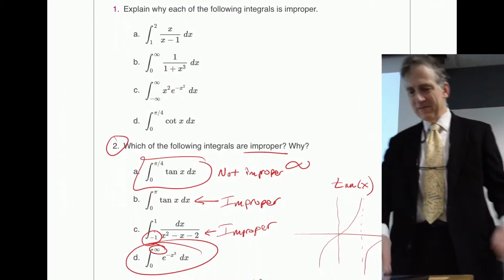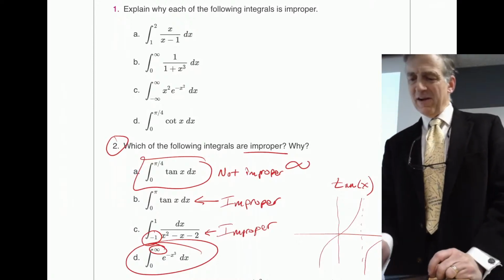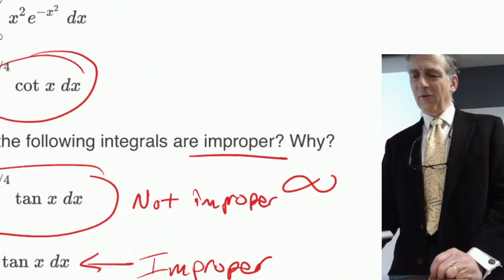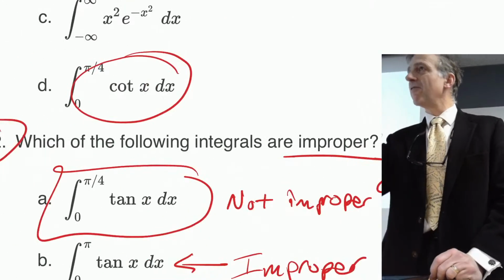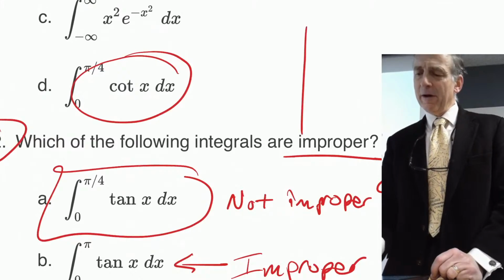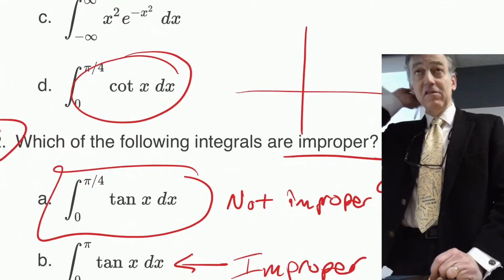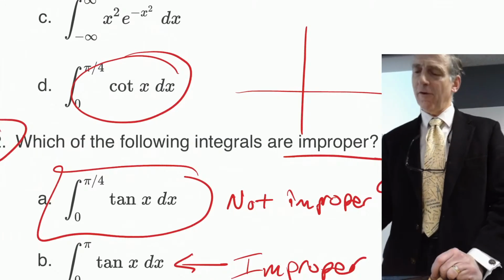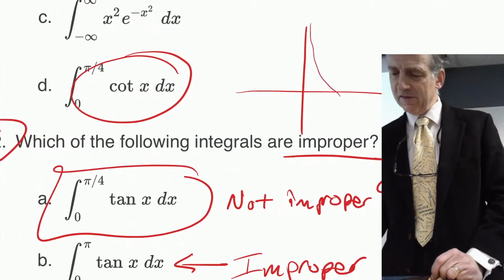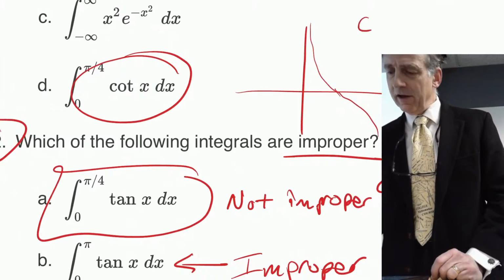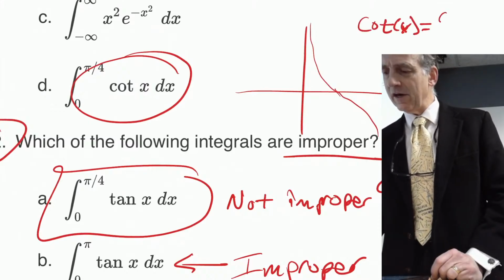For the first one, so the cotangent, here again, they're expecting you to know what the graph of cotangent looks like. You could graph it on your calculator as well, but cotangent has asymptotes at 0, pi, 2 pi, and so forth. Another way to look at this is that cotangent of x is the cosine over the sine.